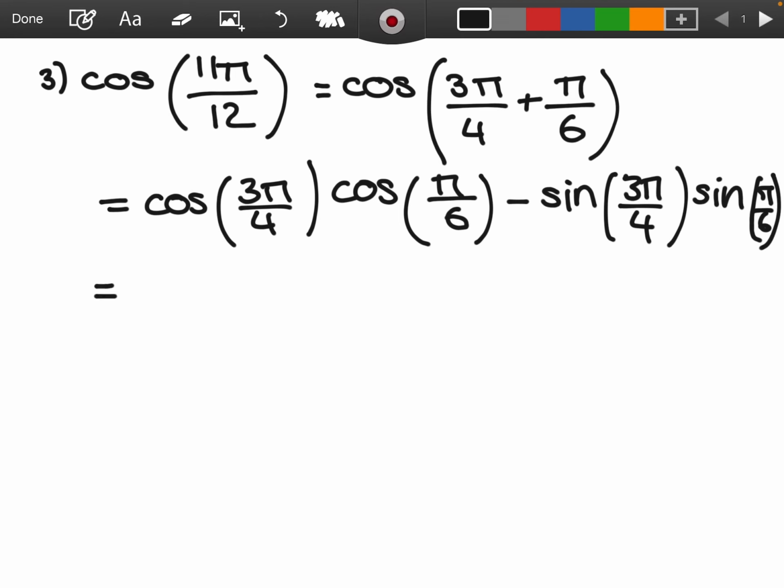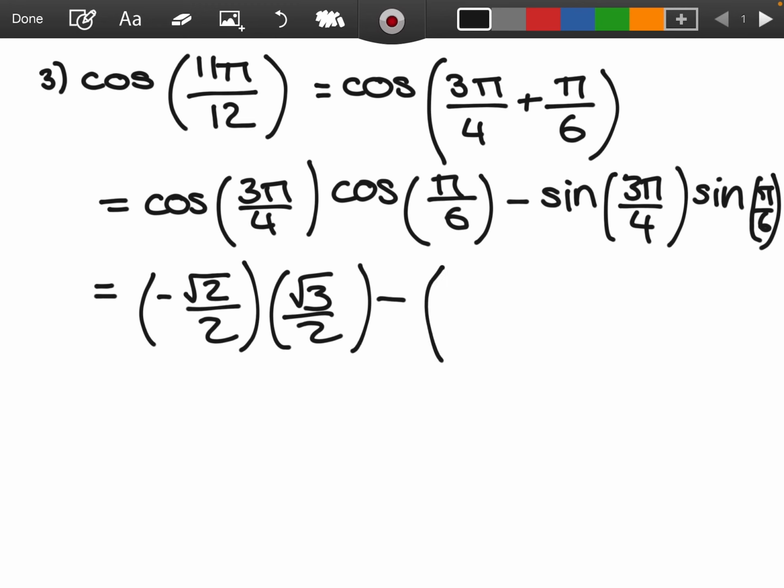Now you can get these values from the unit circle. Cosine of 3 pi over 4, that's in quadrant 2. And we are looking at, in quadrant 2, the angle that has the reference angle of pi over 4. So cosine of 3 pi over 4 is actually going to be negative the square root of 2 over 2. Cosine of pi over 6 is the square root of 3 over 2.